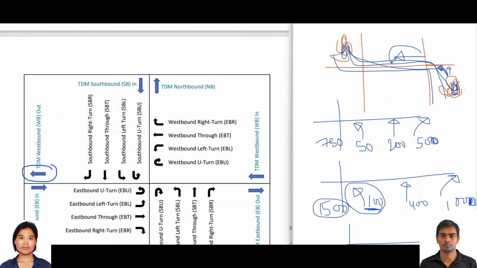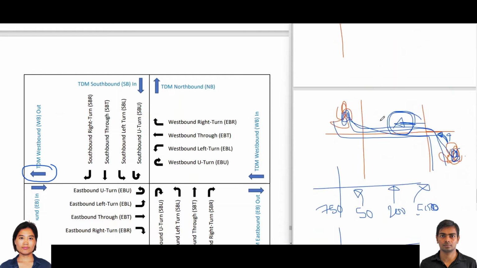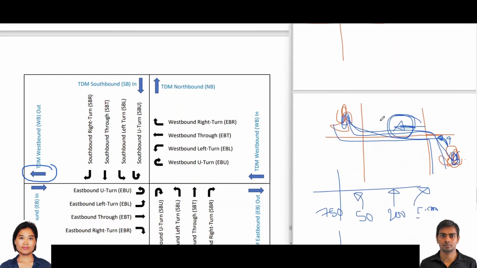It will also be taken care of with this outflow to some extent, but not completely. Again, there is an infinite set of solutions, and this minor increase might be adjusted to some other movement. So we can adjust this in the optimization such that this number goes up, and that's how we forecast the future turning movement counts.